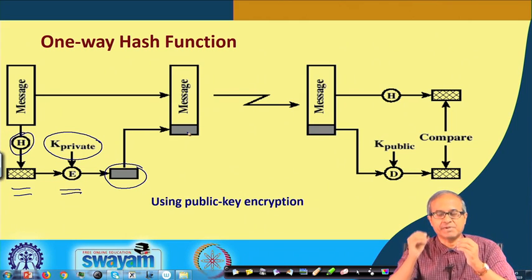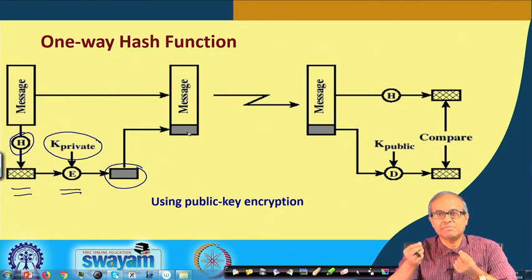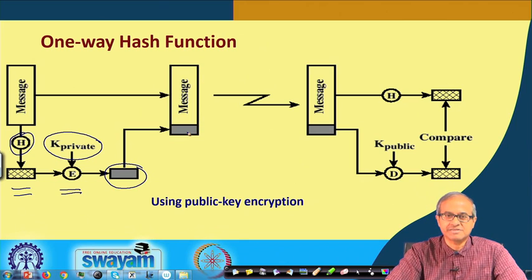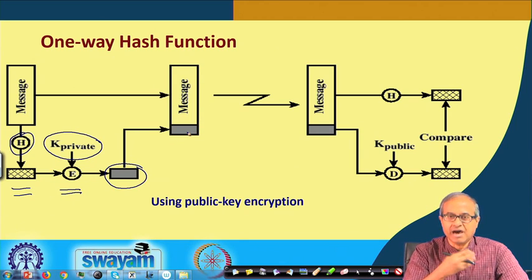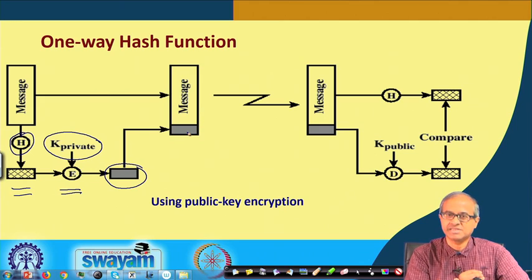Sometimes when someone encrypts with the private key, using public key encryption, we say that it is a signature process, because only I have my private key. Encrypting with the private key can be done only by myself, as if it is carrying my signature, something similar to that.